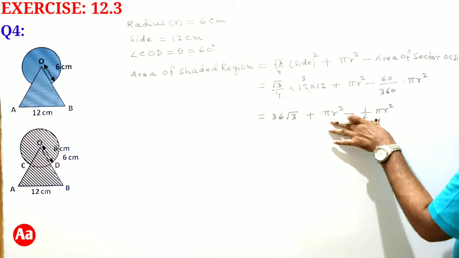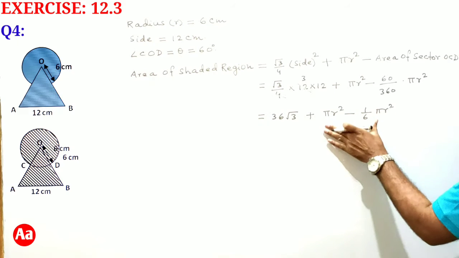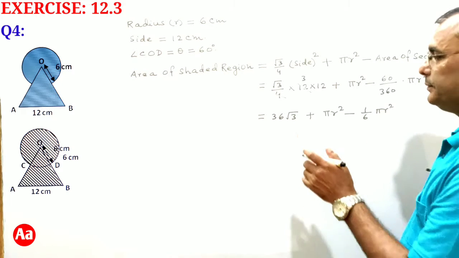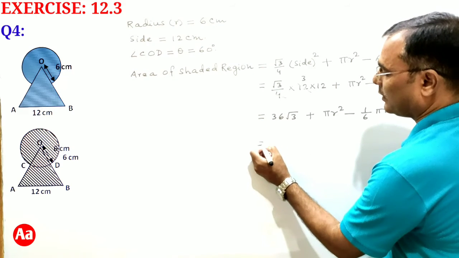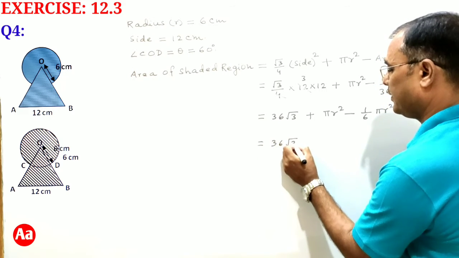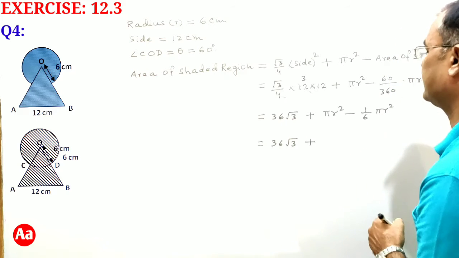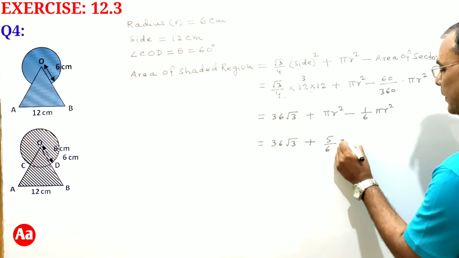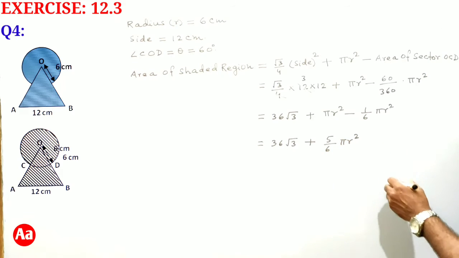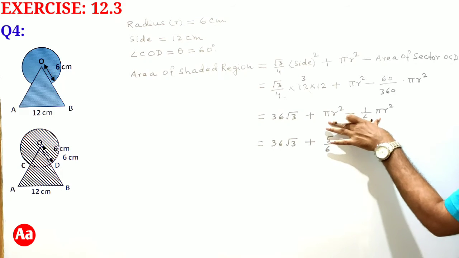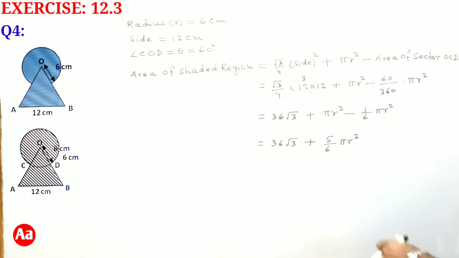Pi r square minus 1/6 pi r square, if you simplify taking LCM, you will get 5/6 pi r square. So this is equal to 36 √3 plus 5/6 pi r square.